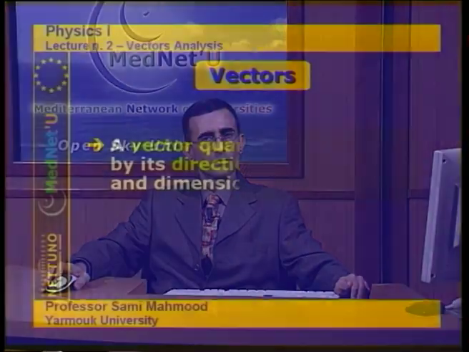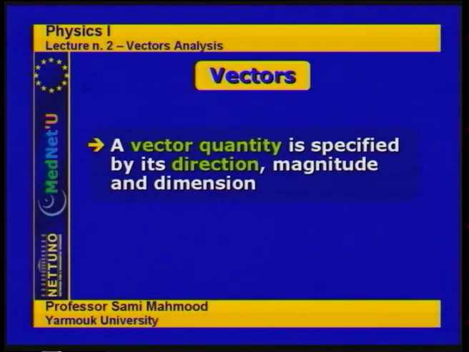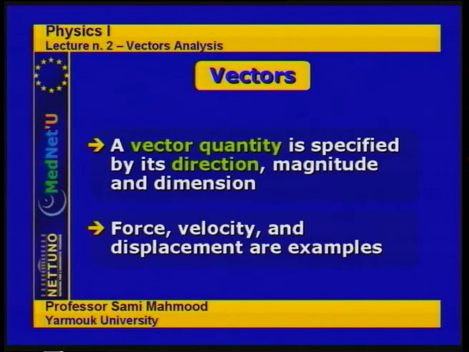The other category of physical quantities are the vectors. A vector quantity cannot be specified fully and completely without specifying the direction associated with that quantity. The velocity, the force, the displacement of an object are examples of such quantities, the vectors.